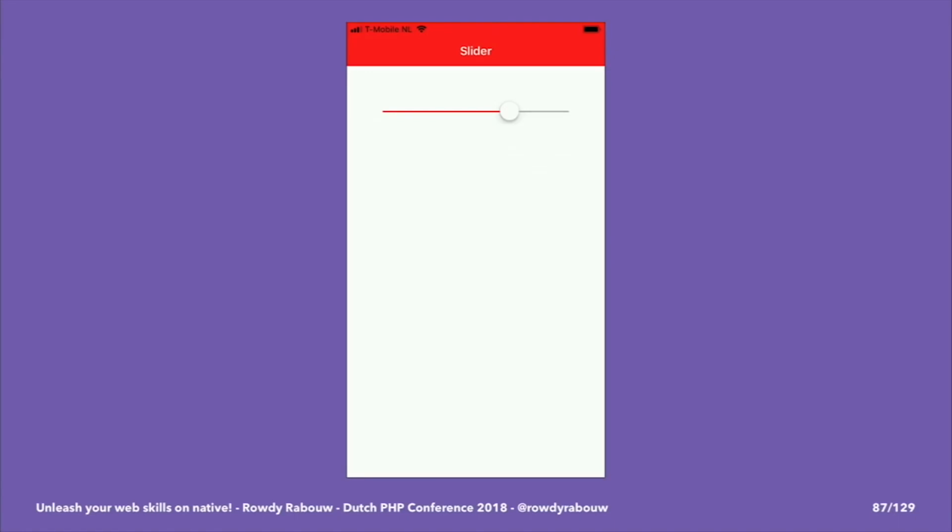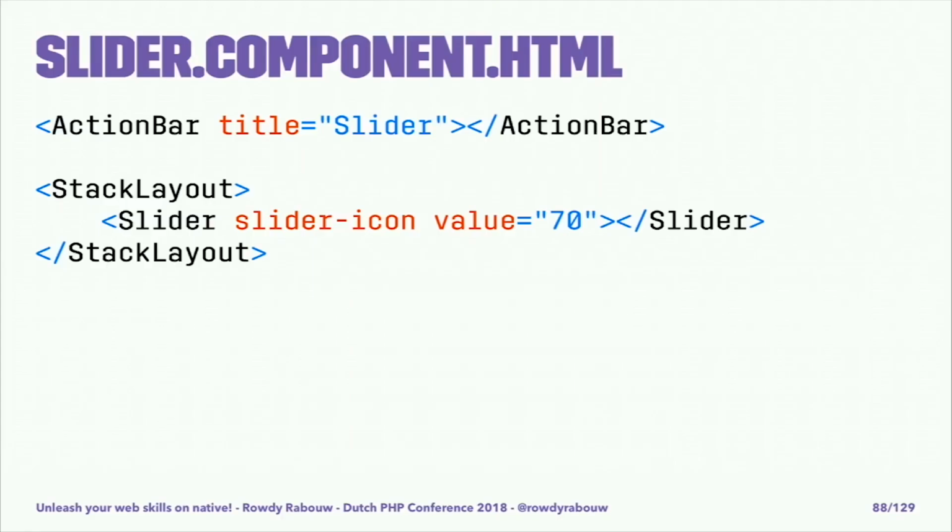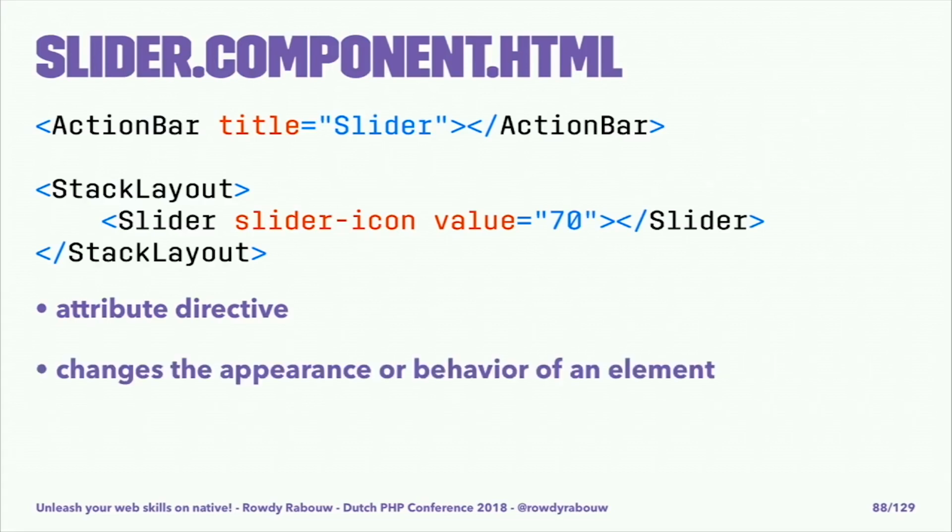Wow, right? I want to make this more beautiful, say more superhero-like. So I insert something there after the slider-icon, which is in Angular an attribute directive, and it will change the appearance or the behavior of an element.